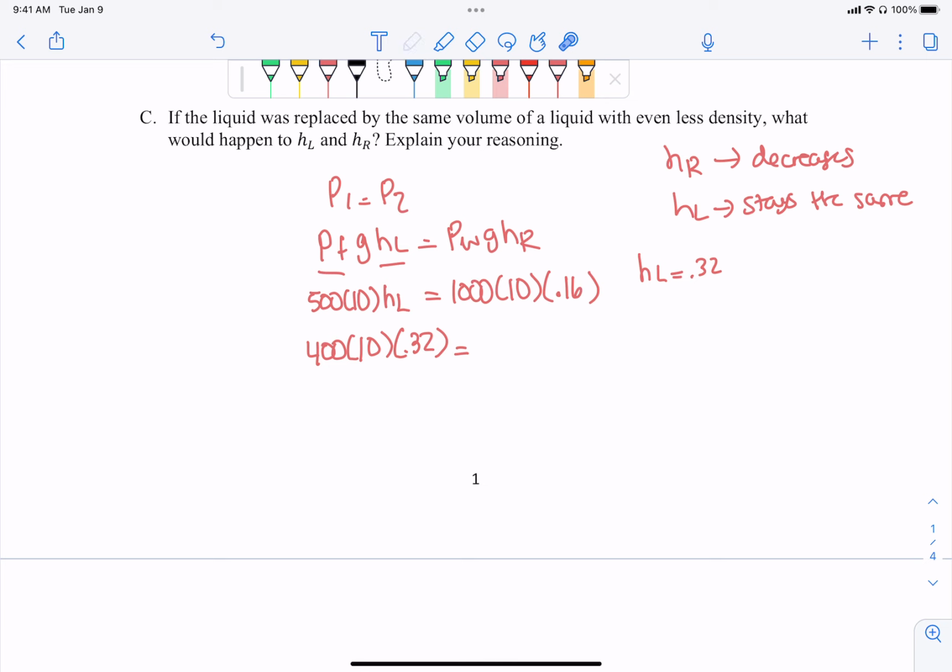Then if I calculate 1000 times 10 times HR, and keep in mind this is 0.32 as well, then HR would give me what? So times 10 times 0.32, 1000 times 10. Then I'd get 0.128 meters for HR.